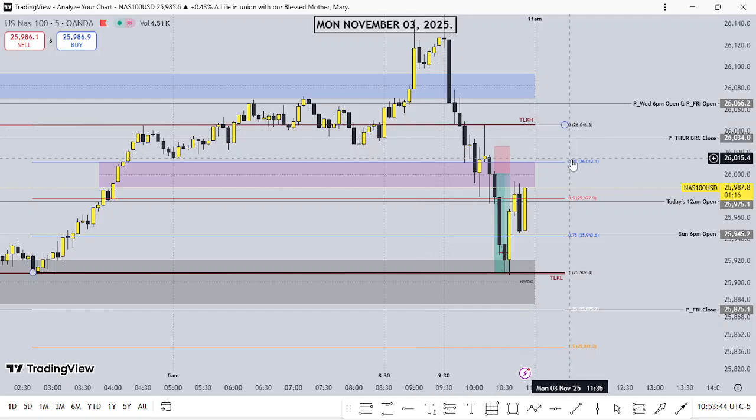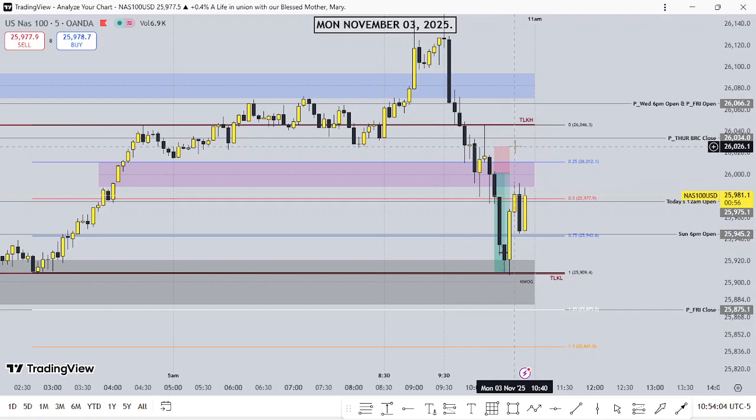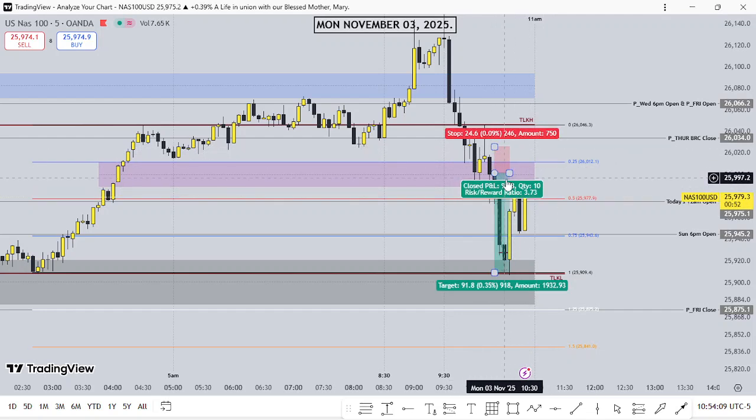That would have been the 0.25% level of this dealing range that I'm working with, right? So that would be me selling at premium, not discount, sorry, at big premium. So you sell at premium, then you buy at discount. So that would be me selling at a what? At premium.